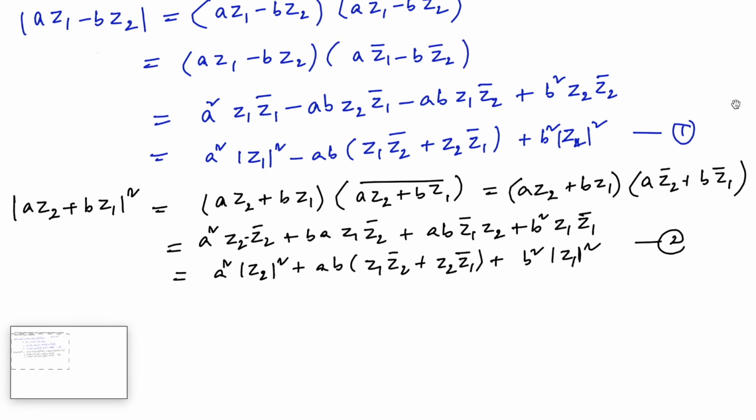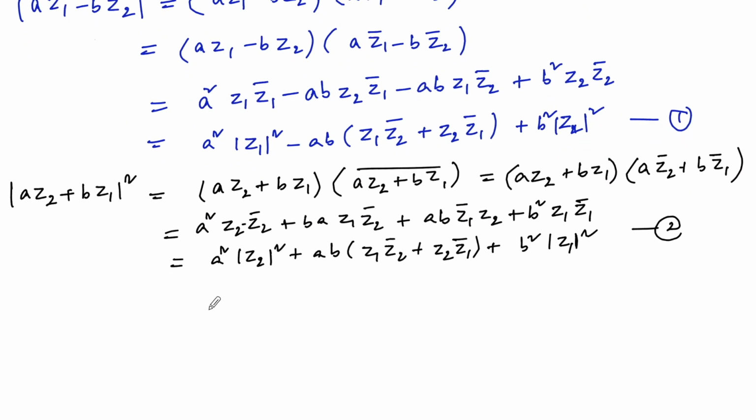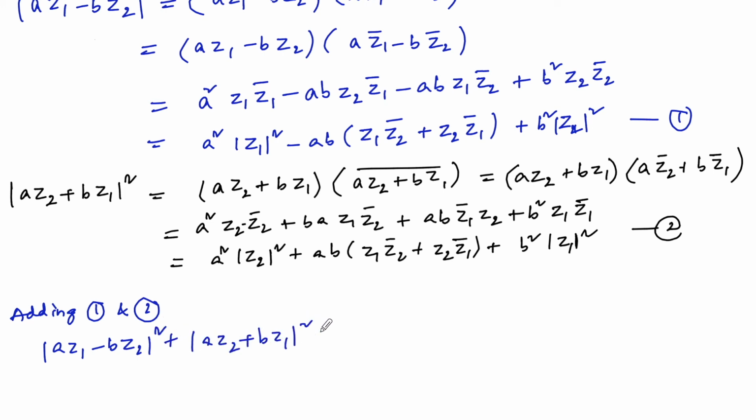So by adding 1 and 2, you will get mod of az1 minus bz2 square plus mod of az2 plus bz1 square is equal to, so we can find here plus ab term and minus ab term get cancelled.